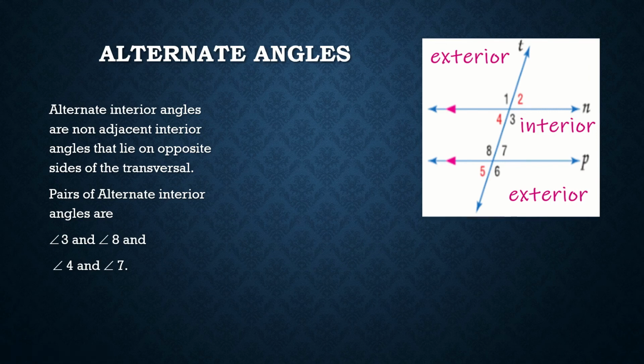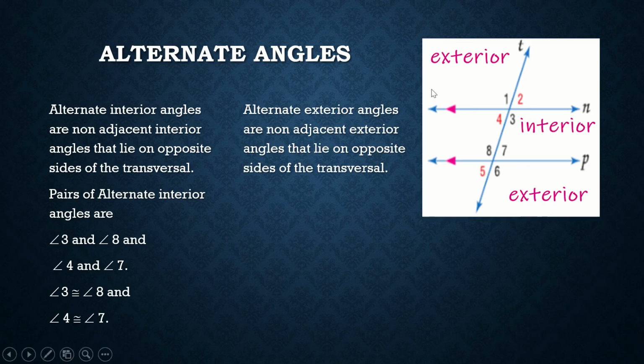What is the property of alternate interior angles? They are also congruent. Therefore, angle 3 is congruent to angle 8 and angle 4 is congruent to angle 7. Now let's talk about alternate exterior angles. Alternate exterior angles, like interior, are non-adjacent exterior angles that lie on opposite sides of the transversal.